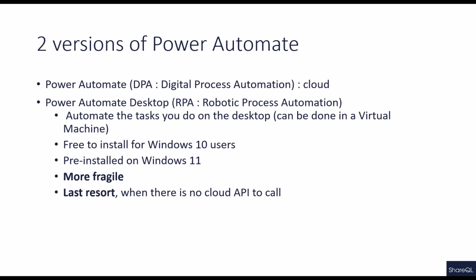This should be a last resort option. So the first option is to check if you can automate your solution by creating workflows with Power Automate DPA, Power Automate Cloud. If it doesn't work, then you might rely on Power Automate Desktop. Again, this training focuses only on Power Automate DPA, which means Power Automate Cloud.